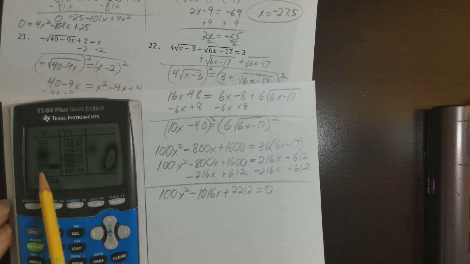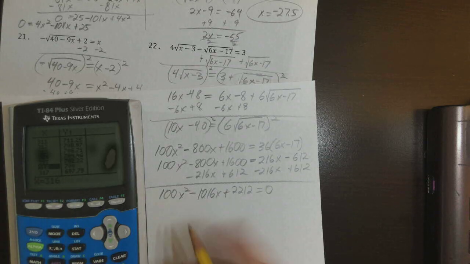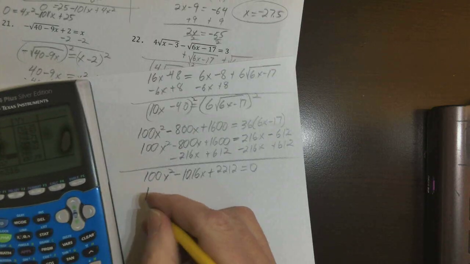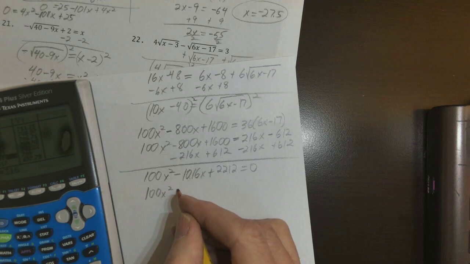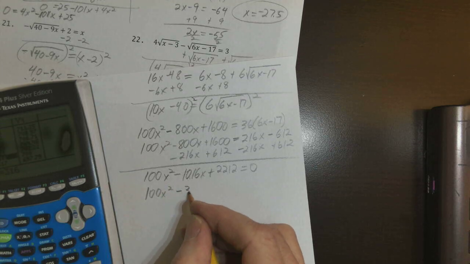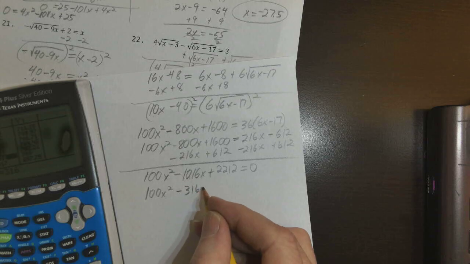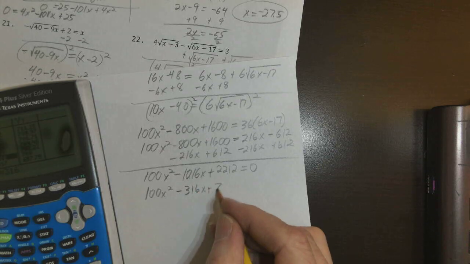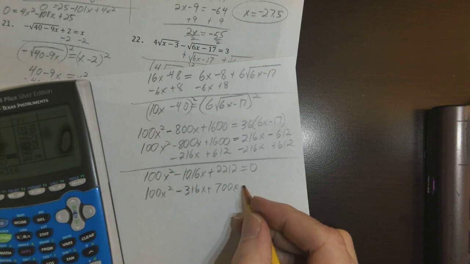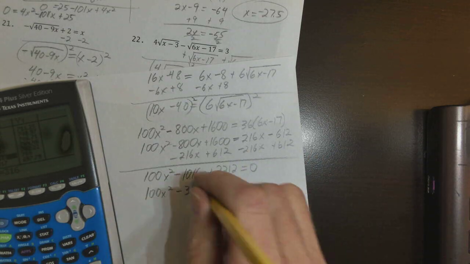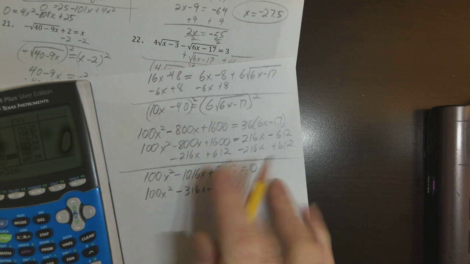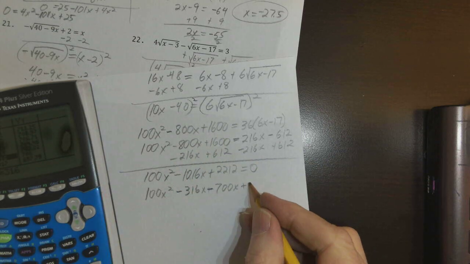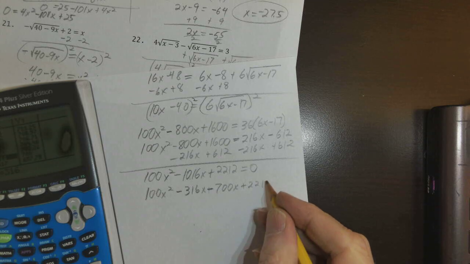Oh, looky there. 316 times 700. Was it worth it? That's the question. You're probably done with the quadratic formula if you didn't wait. 100x squared minus 316x, not plus, minus 700x plus 2,212.